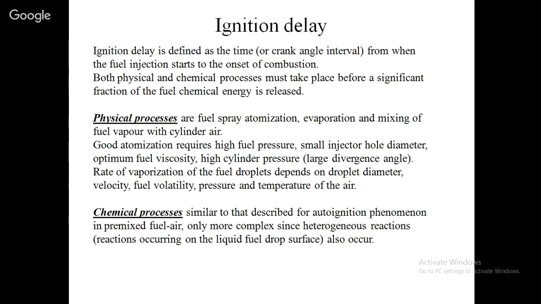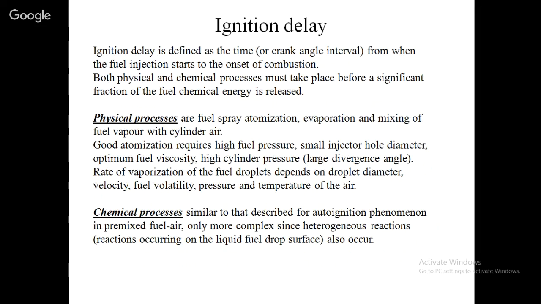After atomization comes evaporation of this fuel, which converts it into fuel vapor, and it mixes with the air, basically the oxygen we require from the air. So these three things take time. That is one of the major factors of the large ignition delay in the case of the CI engine.